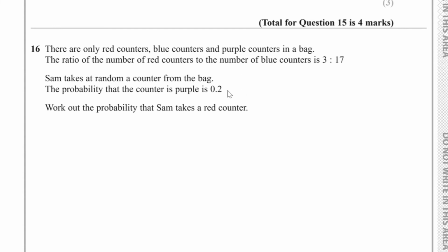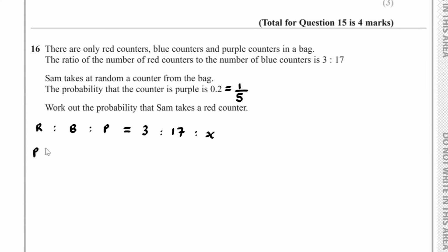Well, first of all, 0.2, that is the same as 1/5. And so if we take a look at red to blue to purple, the ratio of red to blue, that's 3 to 17. And then to purple, well, we don't know what purple is, but we'll call it X for now. We know the probability of selecting a purple is 1/5.